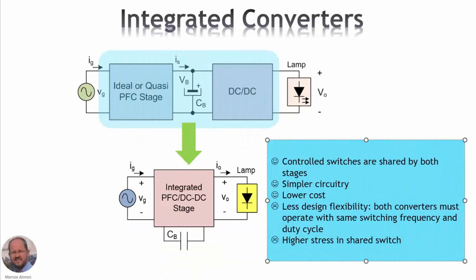So one solution that we have seen to reduce the value of the bulk capacitor is to use two separate converters in order to implement the LED driver. We use one converter to implement the power factor correction stage, and then another converter, a DC-DC converter, to drive the lamp in closed loop.